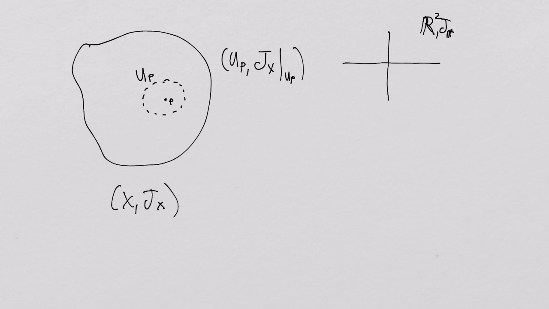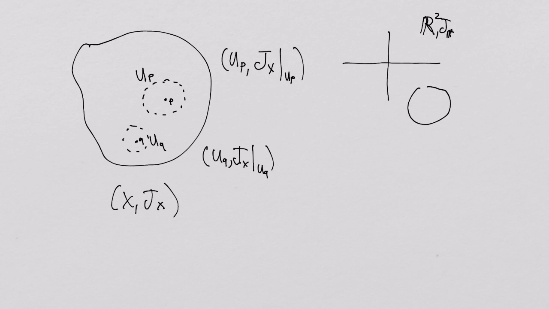So every open neighborhood of the point P, or any other point, for example Q, is its own topological space: U_Q with T_X restricted to U_Q. So every open neighborhood of every point is always going to be its own topological space. That's also true over here in Euclidean space.